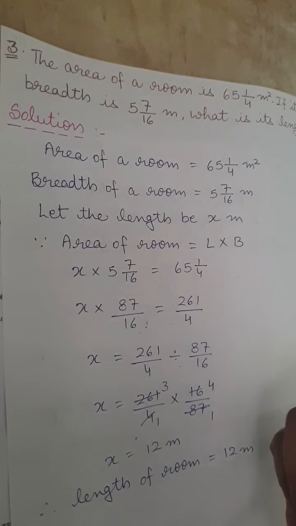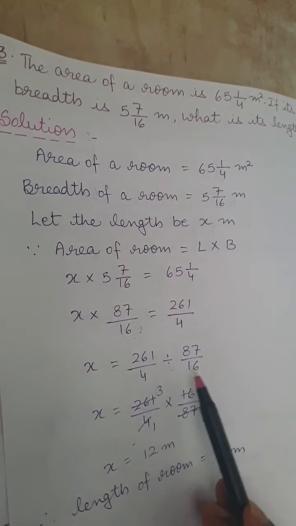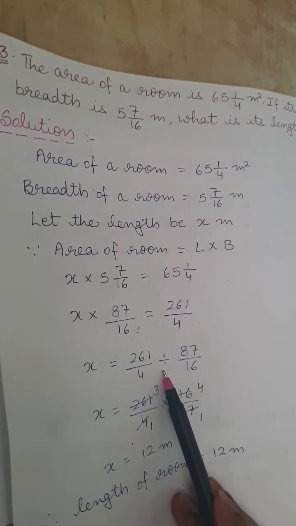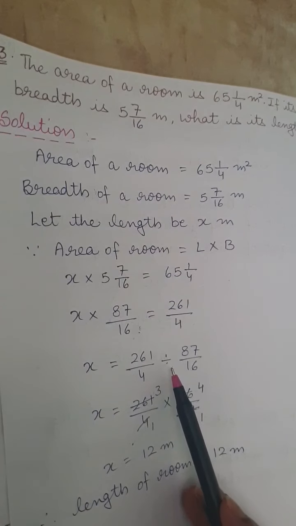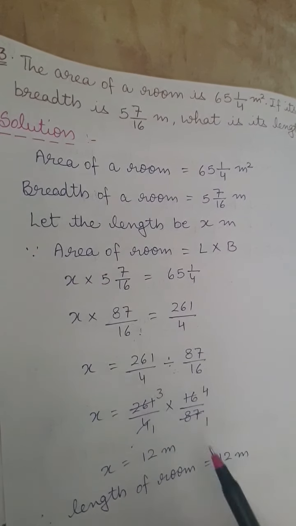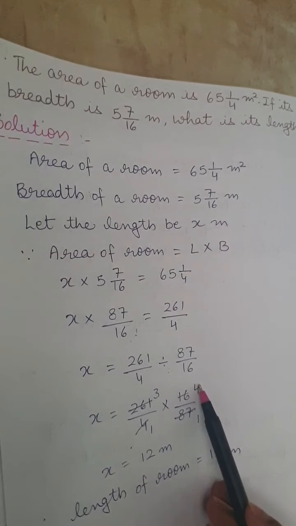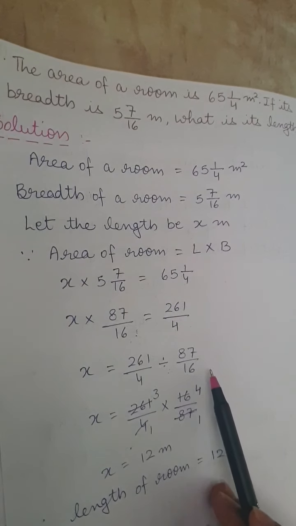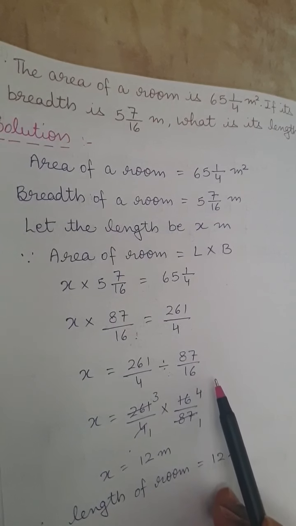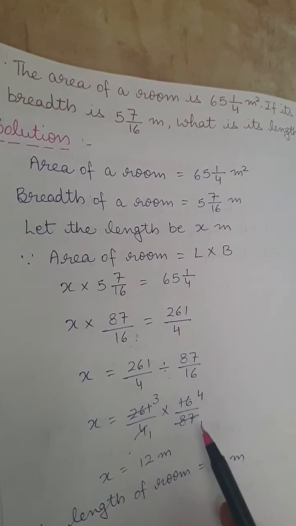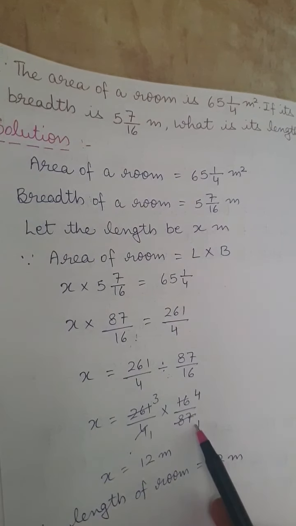Now remember the concept that we have studied. Whenever there is a division sign, we have to convert it into a multiplication sign and then take the reciprocal of the second number. The second number, we take its reciprocal. Same here we are doing.